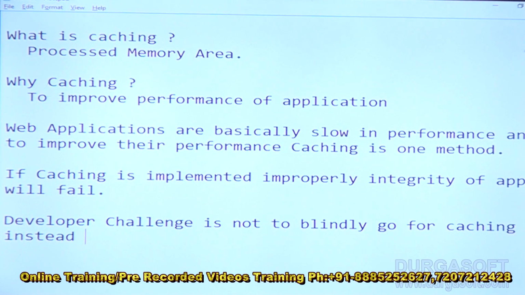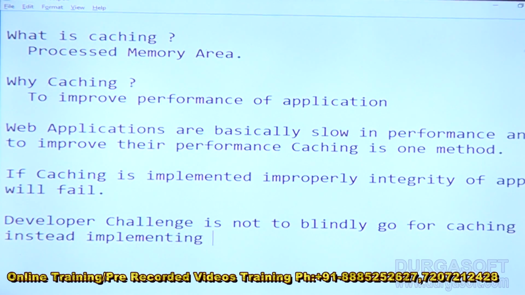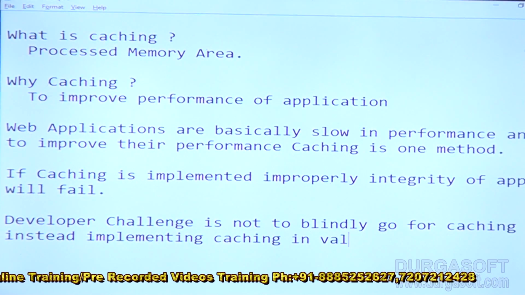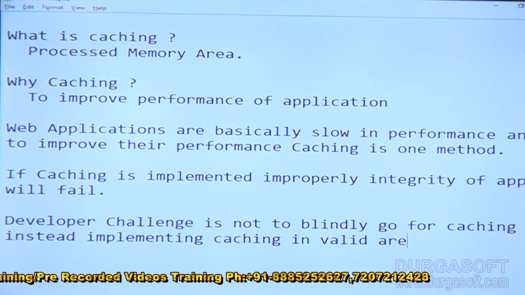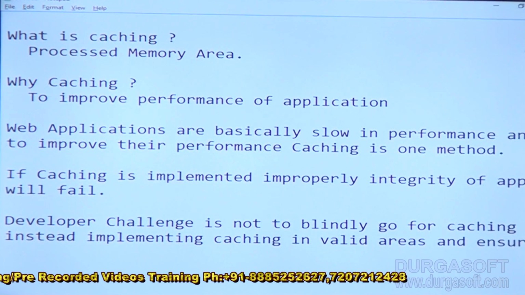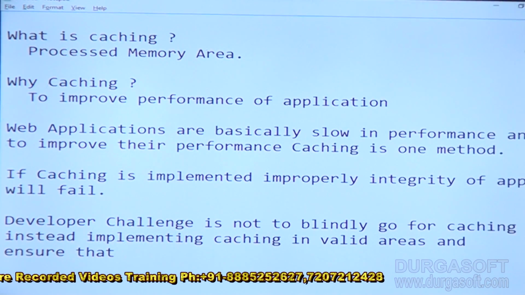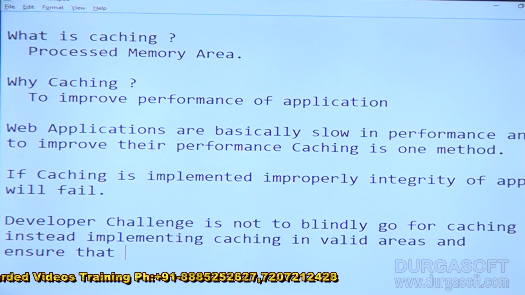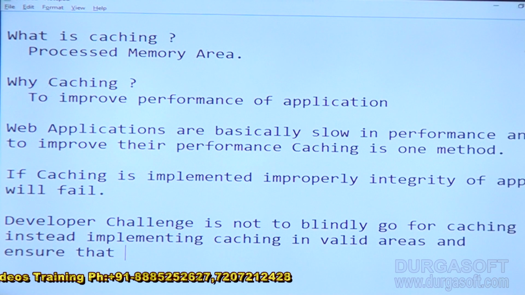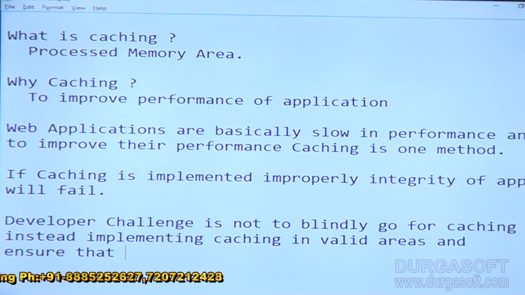Instead, implement caching in valid areas, number one, and ensure that integrity is managed.